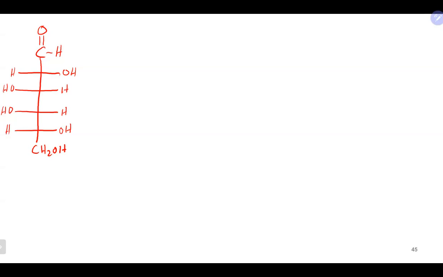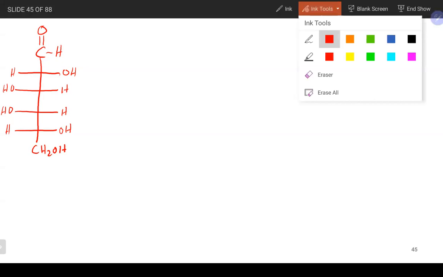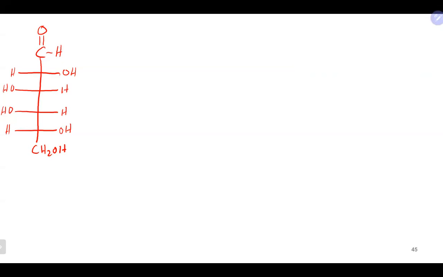Okay, so if we wanted to turn this into a cyclic structure, what we would want to do first is count the carbons, which is one easy way to do it. So we would go with 1, 2, 3, 4, 5, and 6.